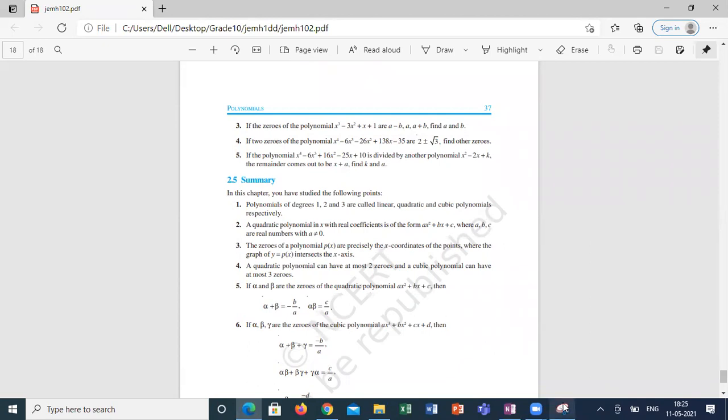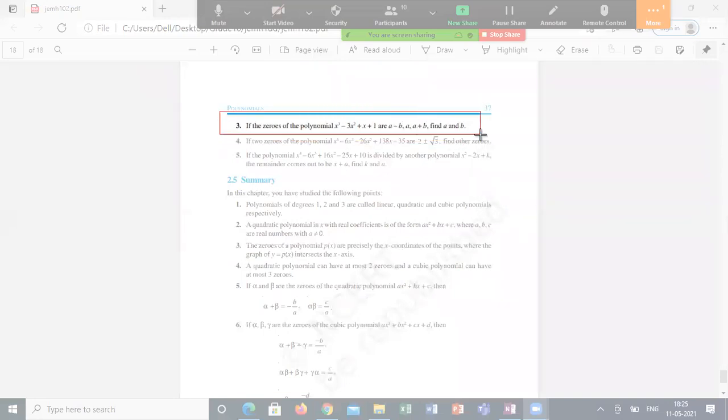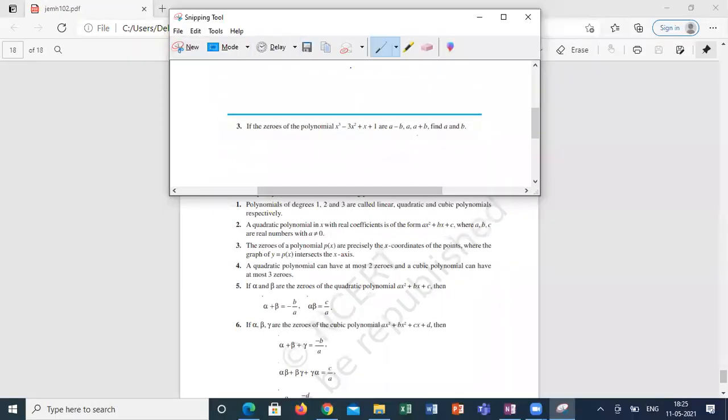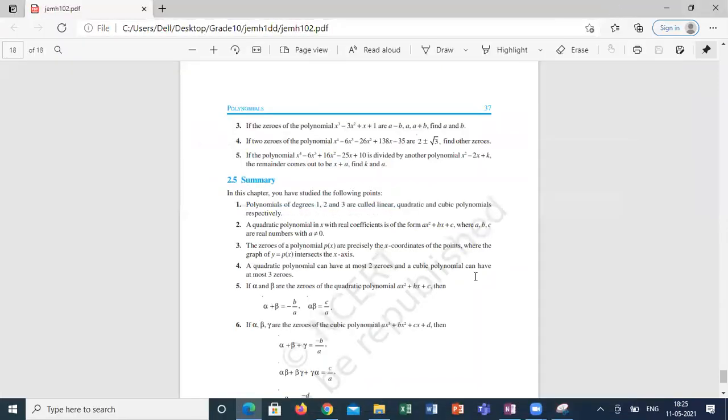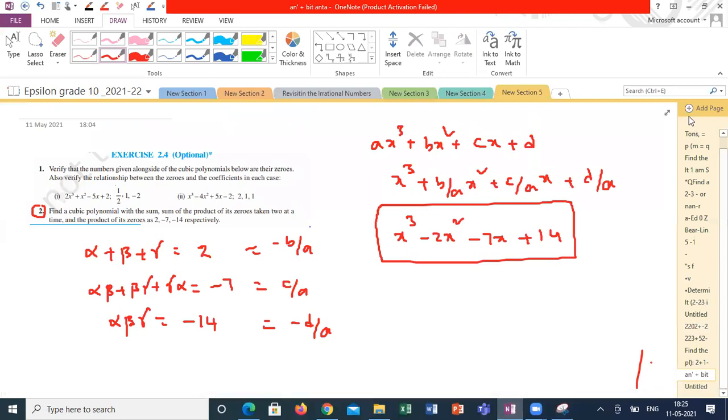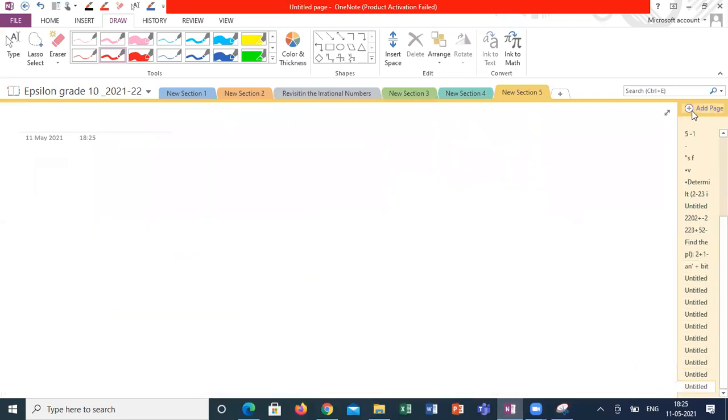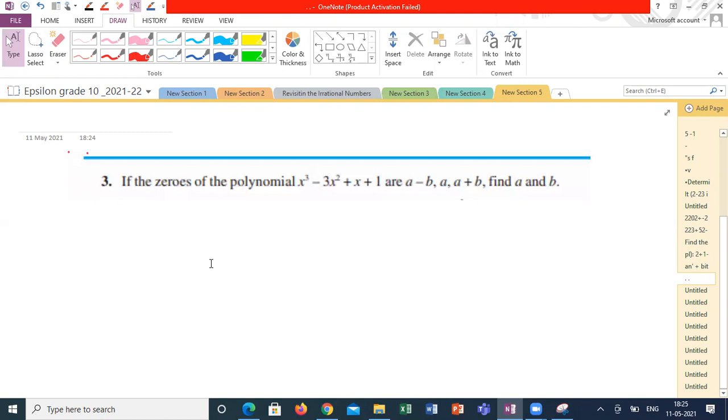How to do question number 3? Anyone? How to do this question?